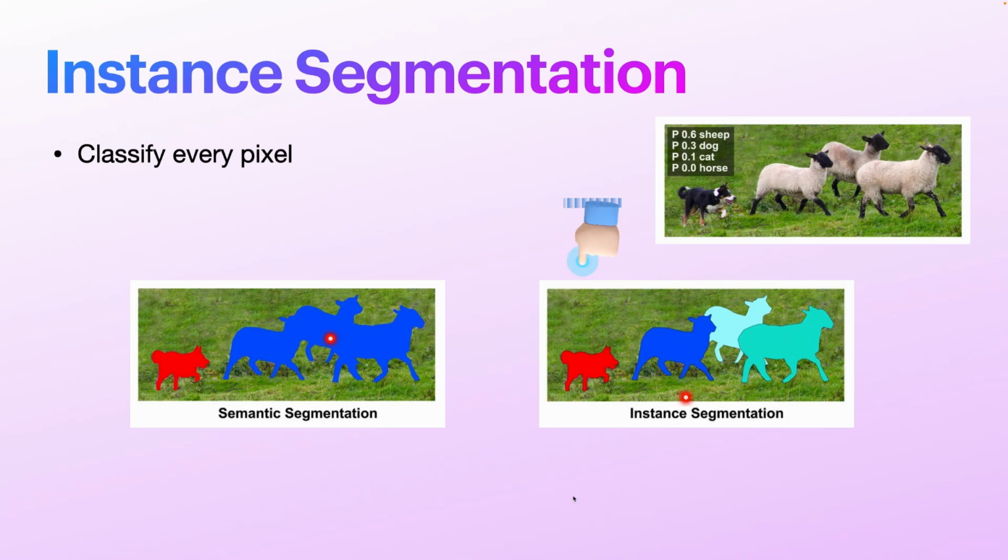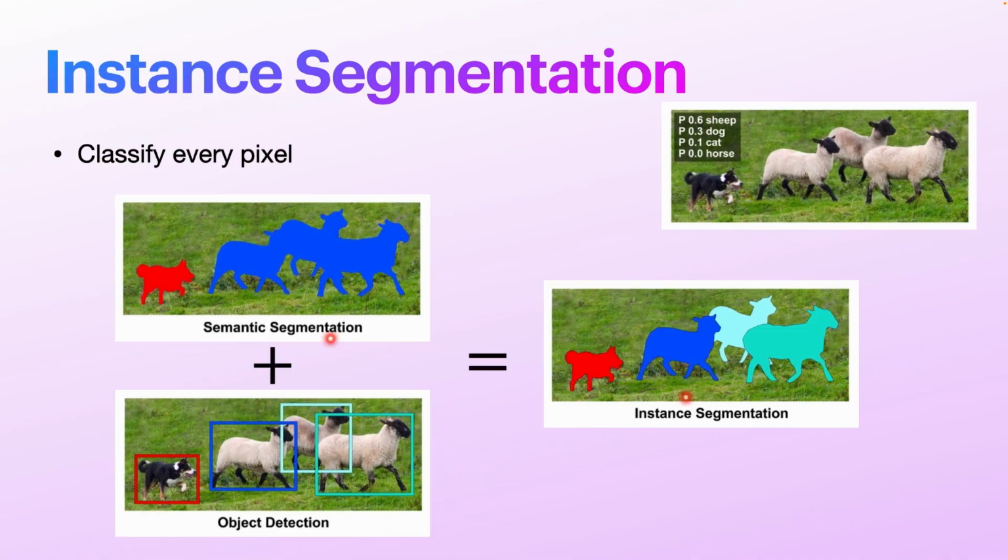But in case of instance segmentation, each sheep is considered a different object and masks are predicted separately for each sheep. So we have three different masks for three different sheep here. How do I get this separation? This is very simple. Concept-wise, instance segmentation is a combination of semantic segmentation and object detection. In semantic segmentation, we get the mask.